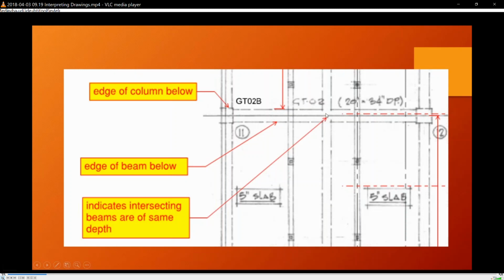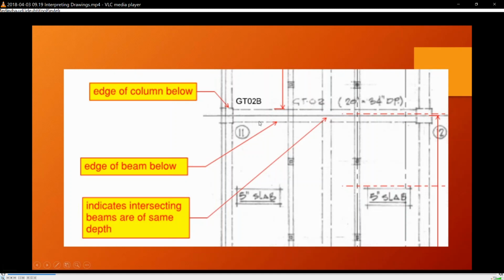That's supposed to mean that these are of different depth. Now I think on this particular project that wasn't the case, and so they did it incorrectly, but that's one of the signs that you can tell what depths are of similar elements. Let's say that the girder is deeper and the beam is shallower, there should be a dashed line continuing through.